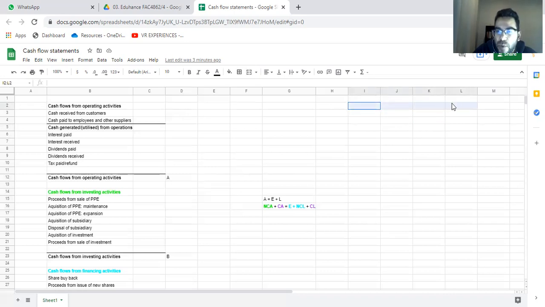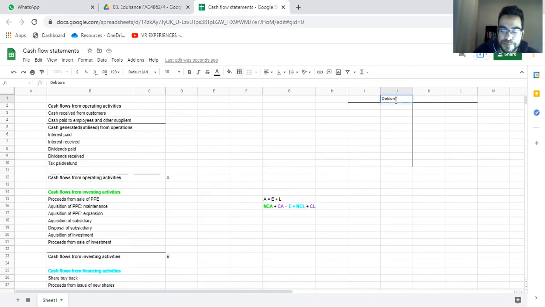I'm just going to give you one example so you can understand the concept. The accounts that we use for cash received from customers are debtors or trade receivables. But remember, when they give you trade receivables, you must make clear that when you work out cash received from customers, you only include trade receivables relating to debtors, because trade receivables can include other items as well.